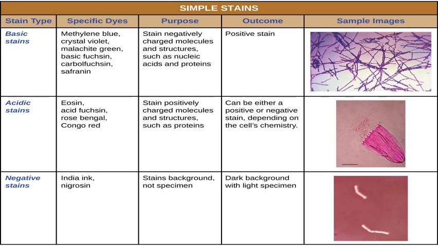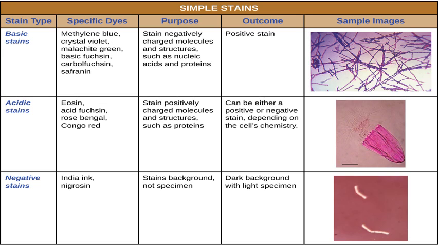And what is the purpose of this basic stain? It stains negatively charged molecules and structures such as nucleic acids and proteins. The outcome is a positive staining technique. In this picture you can observe the positive staining: the organisms took the stain and the background is colorless.